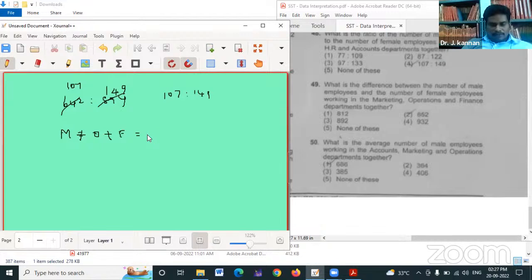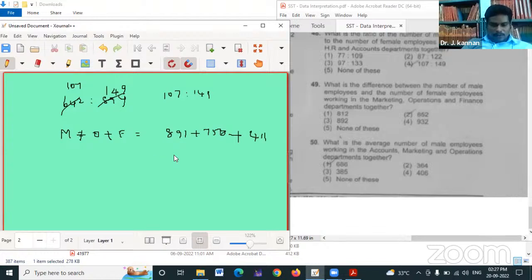So first of all, find the male employees. Marketing is 891, the operation department is 756, and the final one, the finance department, is 411.